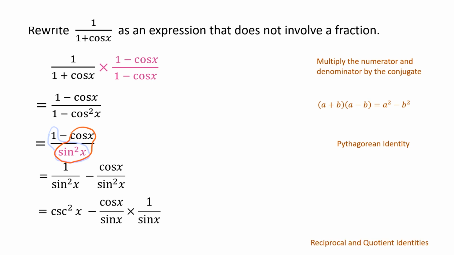Because using the reciprocal and the quotient identities, I can write this term cos x over sine x as cot x and 1 over sine x as cosecant x. This is my answer. You can see that my answer does not contain a denominator, and thus it is not in the form of a fraction.